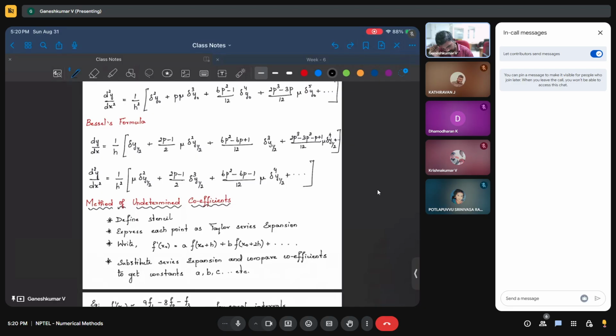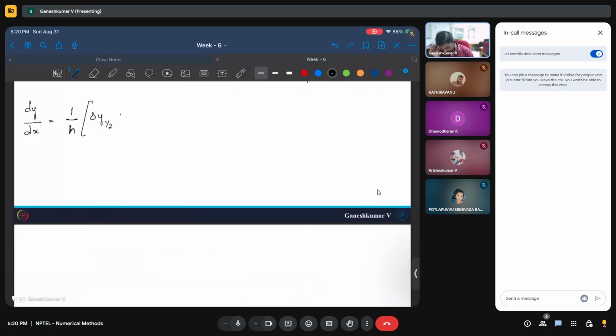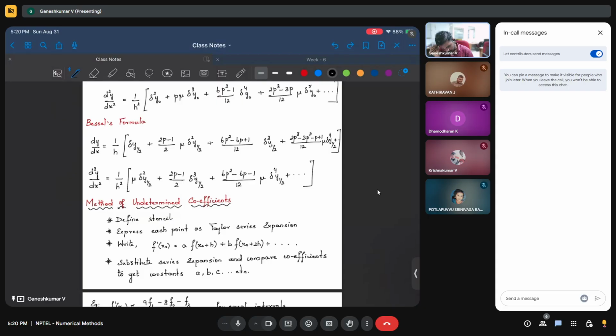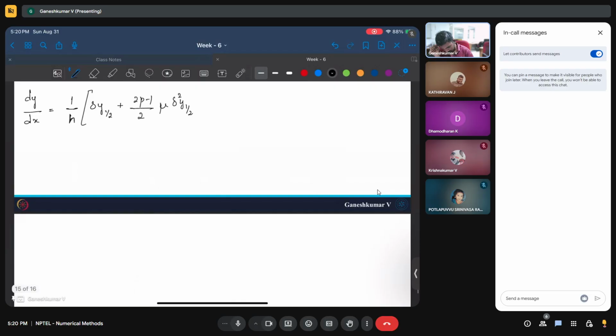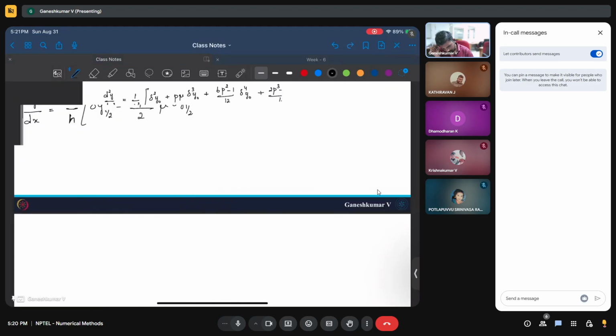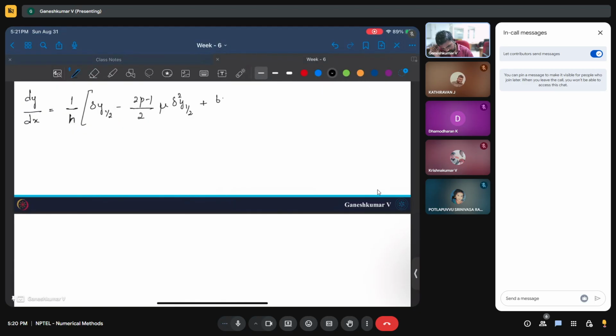Delta y half plus 2p minus 2y into mu delta square y half plus 6p square minus 6p plus 1 divided by 12 into delta cube y half plus 2p cube.